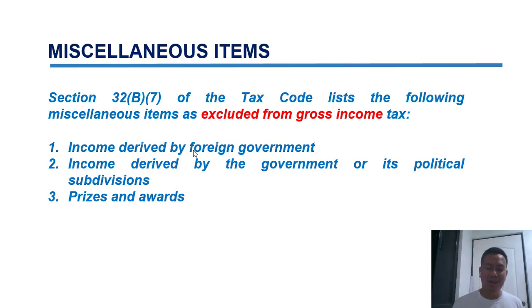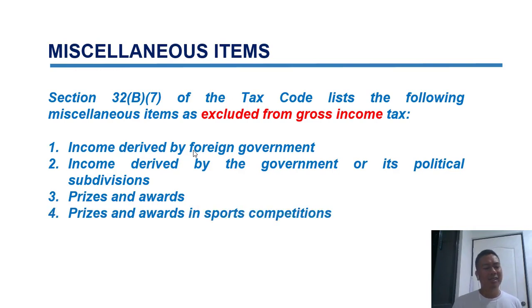Subject na yan sa 20% final tax. We also have the prizes and awards in sports competitions. Yung mga sumasali sa mga ASEAN Summit, yung mga Olympics, lahat ng ma-receive nila na prizes and awards ay excluded from their gross income.